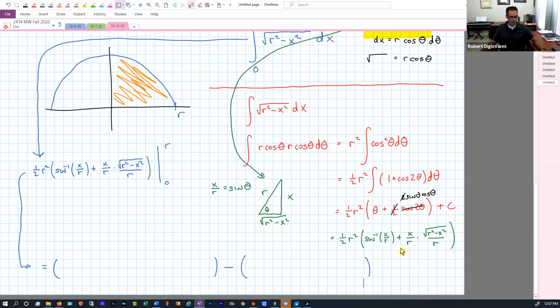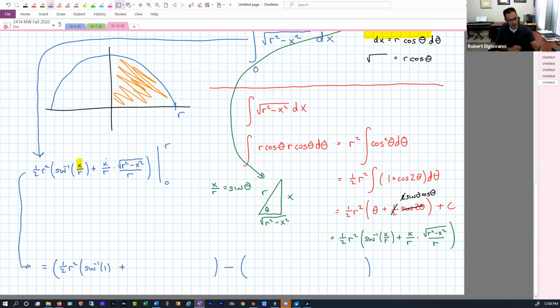Let's see what we get. Okay, so let's plug in r. So I have 1/2 r squared. That's still there. When I plug in r for x, I get r over r, which is 1. So that becomes arc sine of 1.